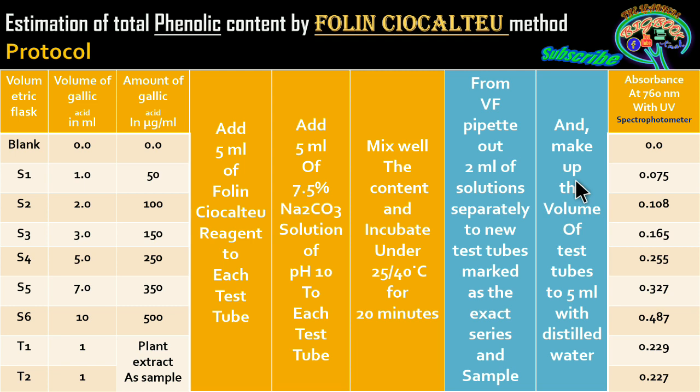Then we are going to mix the components very well, and further we are going to take the samples from the blank, the standard series and the samples into the cuvette, and measure the absorbance at 760 nanometer with a UV spectrophotometer.